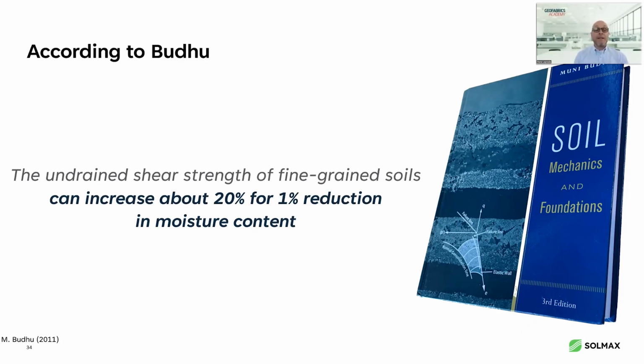I didn't realize the implications. But based on Budhu, that means that if you can take 3 to 4% of moisture out of a silt, for example, or fine-grained soil, you can increase that soil's undrained shear strength by up to 80%, and that is substantial.